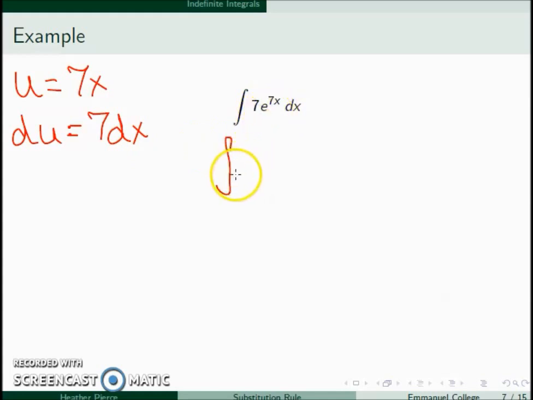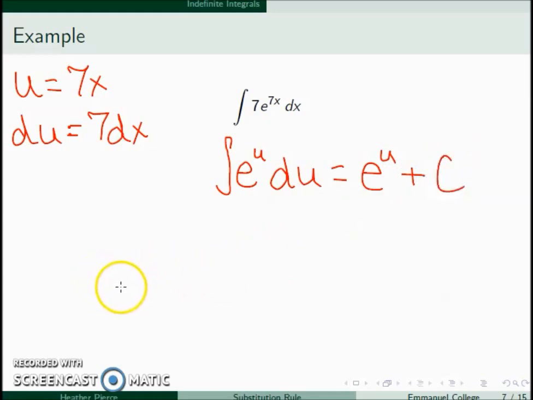So the e to the 7x becomes e to the u, and the 7 and the dx becomes du. The integral of e to the u du is just e to the u plus c. Substituting back in, I get e to the 7x plus c.